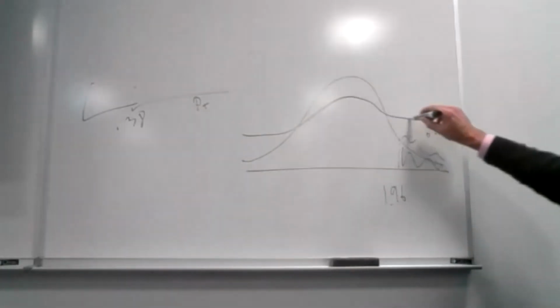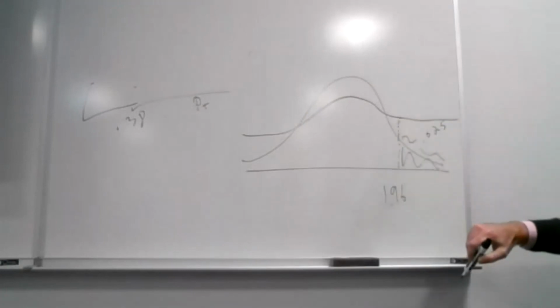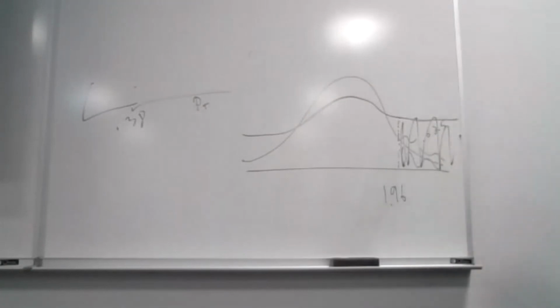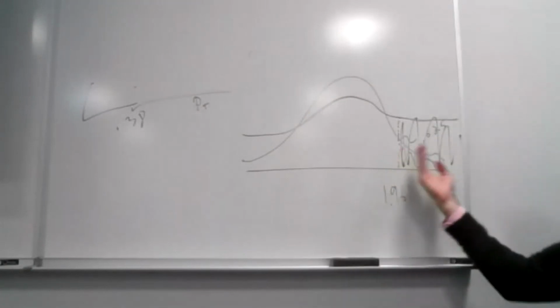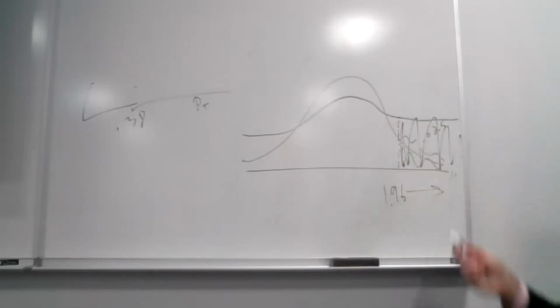Let's say my student t looks something like that. Now if I use that same 1.96, you can clearly see the area is going to be way larger than 0.025. So in order to get the area back down to 0.025, I'm going to have to use a higher value, to get that area to the right of that value to be 0.025. Does that make sense?